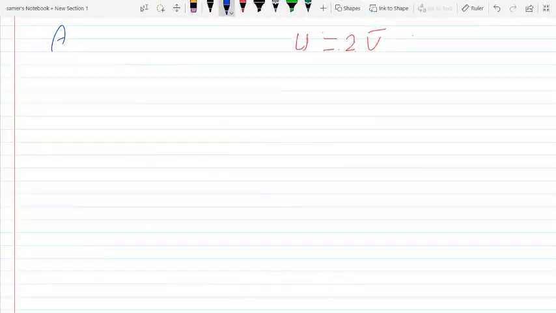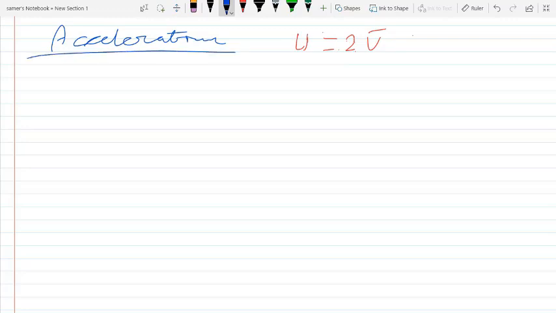Acceleration. Now the acceleration A is defined as the rate of change of velocity.